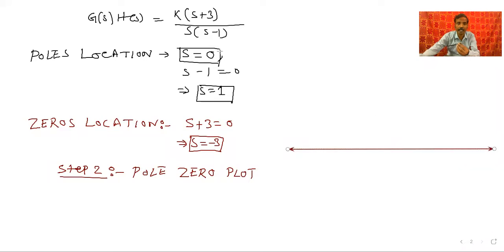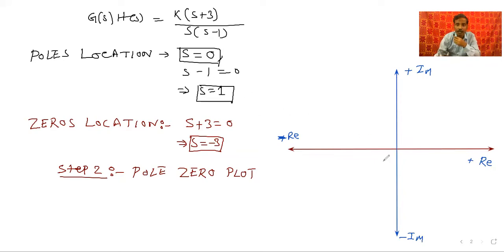This is the real axis and this is the imaginary axis. Plus imaginary, minus imaginary.